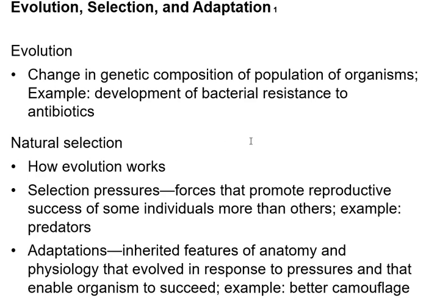Well, let's back up a slide. Okay, so evolution is the change in the genetic composition of a population of organisms. So if you had one person who changed, and we'll just use Spider-Man as a theoretical.